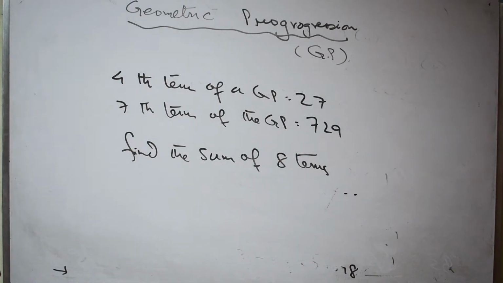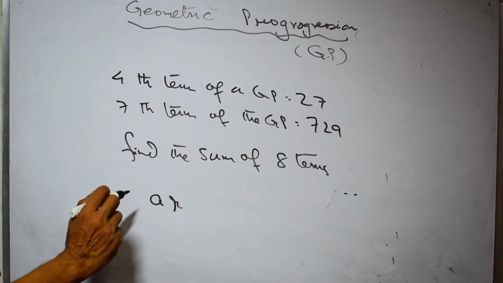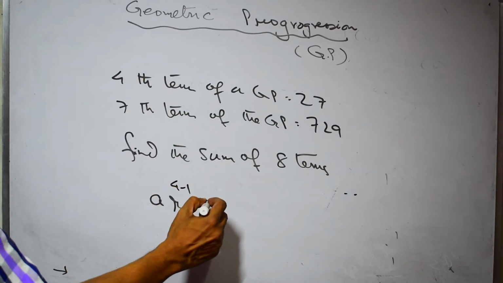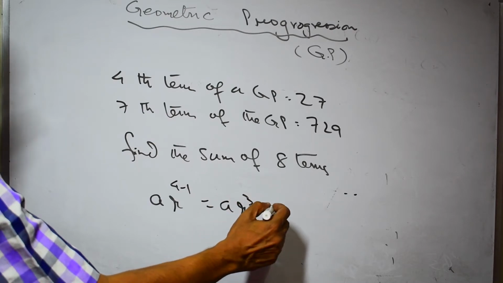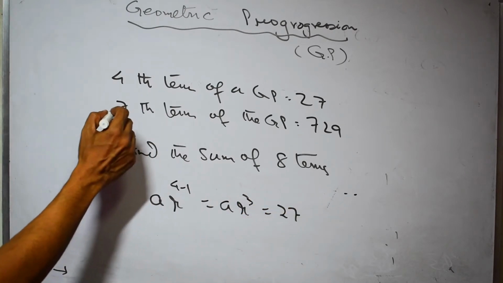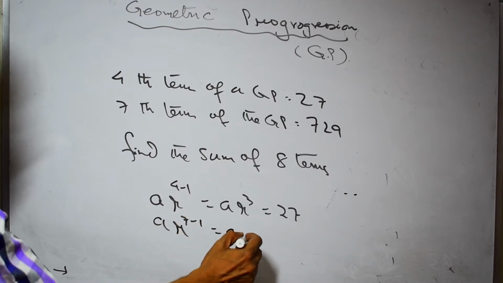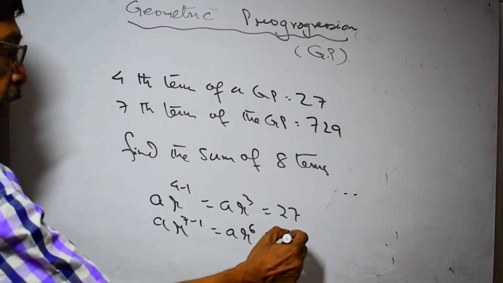Therefore, what we need, first of all, fourth term, we don't know A, we don't know R, so we can say A R, that is the first term, common ratio we don't know both, to the power 4 minus 1, and that is AR cube, and this is 27. And the seventh term is A R to the power 7 minus 1, that will be AR to the power 6 is 729.